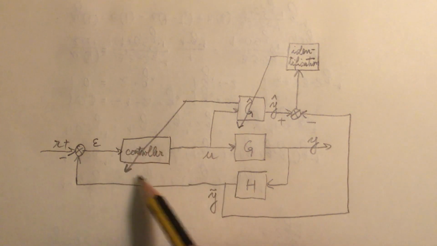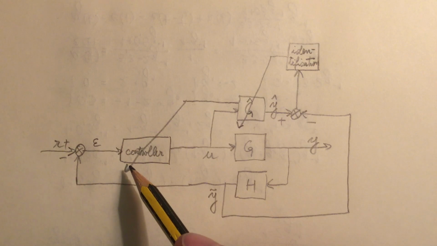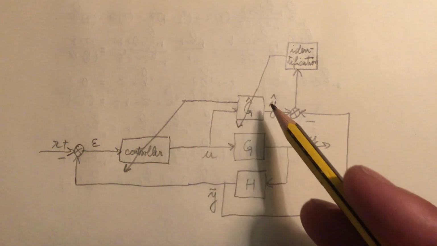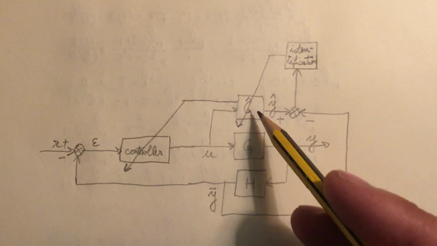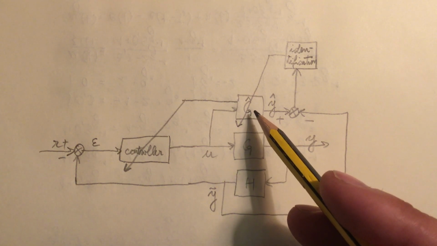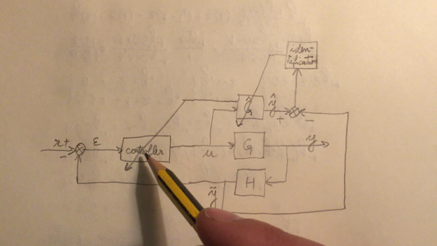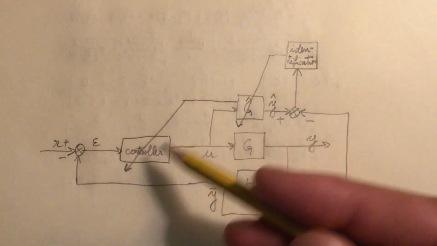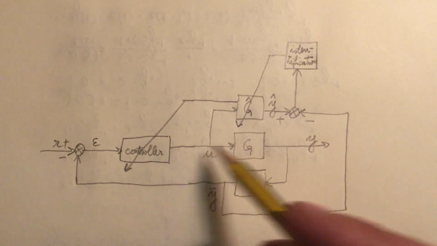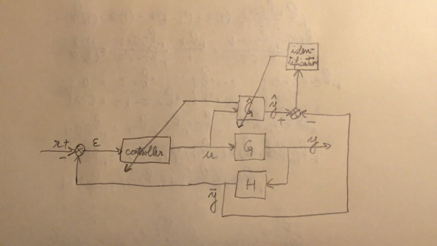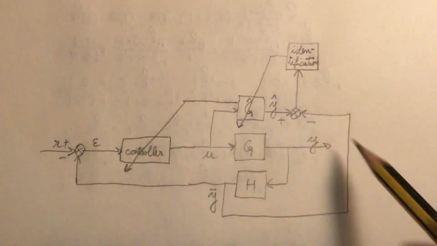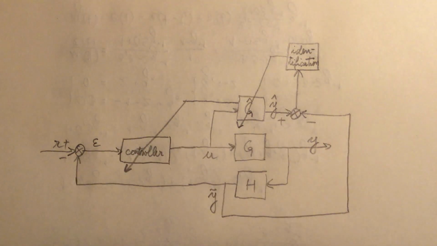Even the change of the controller may bring me trouble, because if this change in the identified model is very fast, the change in the controller will also be very fast, and the variation of the control action will be big, and this may cause me instability in this control system.